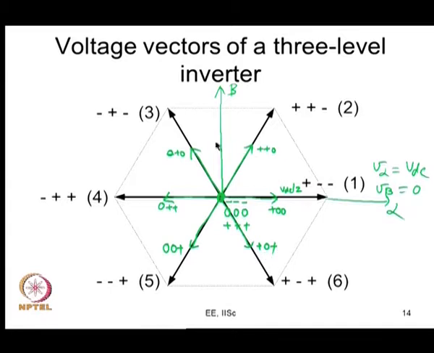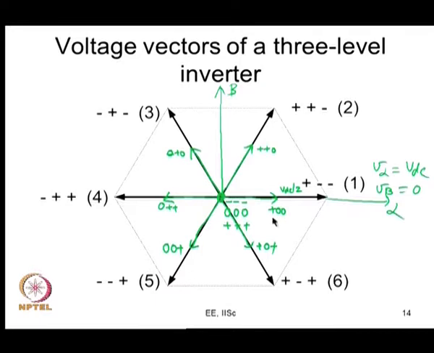These are similar to active states in a 2 level inverter, but whose DC bus voltage is VDC by 2, and so all these produce voltage vectors of length equal to VDC by 2, and their angles are 60 degrees as before. Now, if we have plus 0 0, R phase is VDC by 2, Y phase is 0, B phase is also 0, the pole voltages are 0.